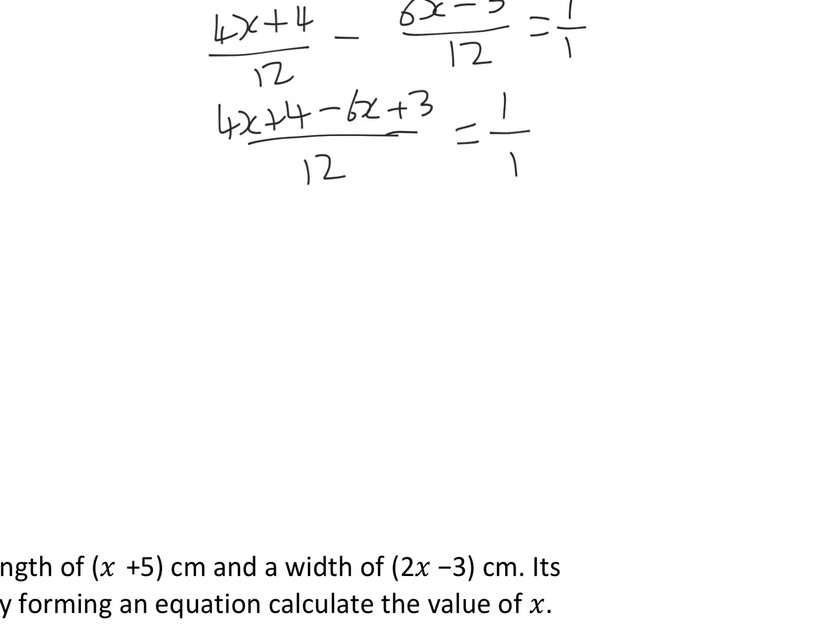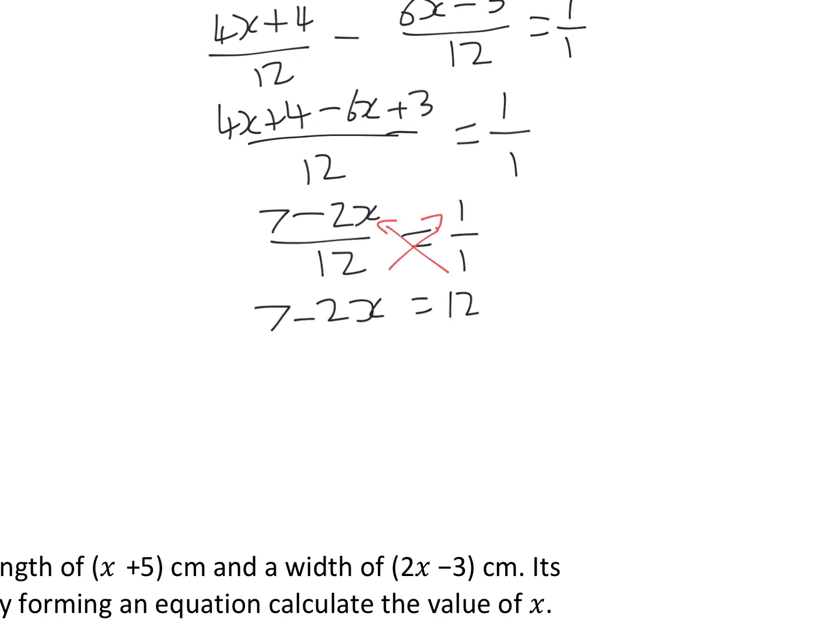I've got a fraction equals a fraction, but first of all, I'm going to just simplify this. 4x take away 6x is minus 2x, and as well as that, we've got 4 plus a 3 is 7. So we have 7 minus 2x over 12 equals 1 over 1. We can cross multiply here because we've got a fraction equals a fraction. 1 times 12 is 12. 1 times 7 minus 2x is just 7 minus 2x.